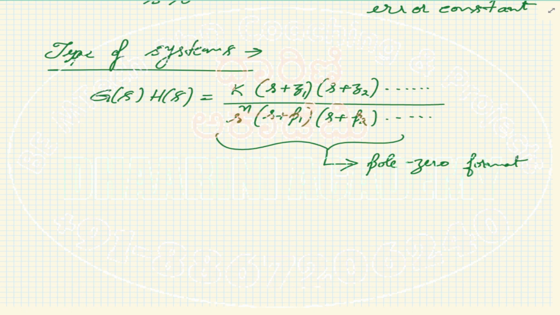But if you remember, right now we are discussing the system and its properties in the time domain. If you shift into the frequency domain, you might recall we studied the frequency domain analysis of a control system, by looking at various plots like Bode plot, Nyquist plot, or any other plot, correct? So for plotting purposes in the frequency domain, we use another format that is called the time constant format.